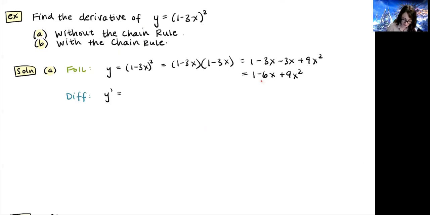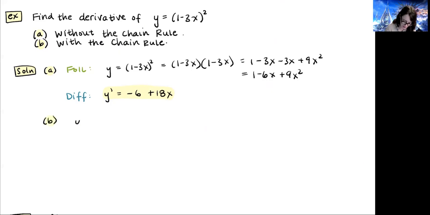And then we'll add the derivative of 9x squared, which is 18x. So here's what we know the derivative is for sure. I hope you trust that this is in fact the derivative. But let's see with the chain rule that we'll get the same thing.